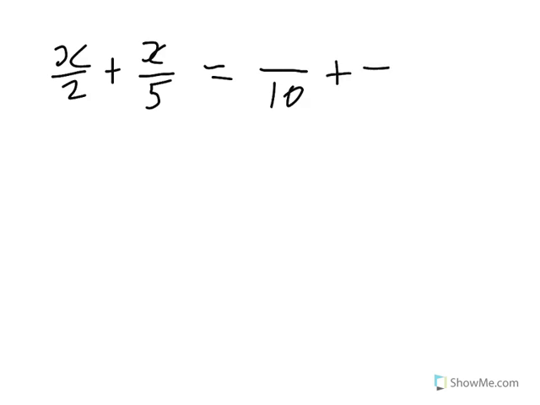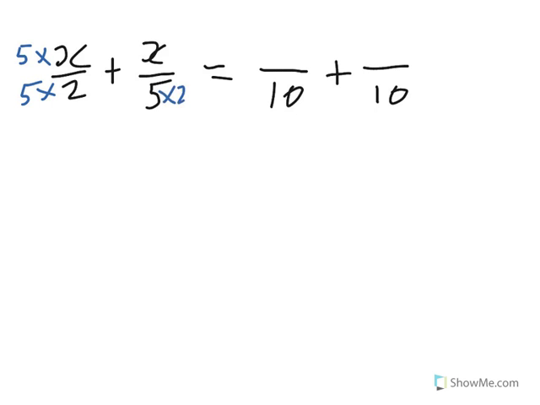So, for example, let's have a look at some examples. x on 2 plus x on 5, for example. Then we need a common denominator, which for this one would clearly be 10. Same rules apply again. So we go times 2 by 5, so top and bottom by 5.